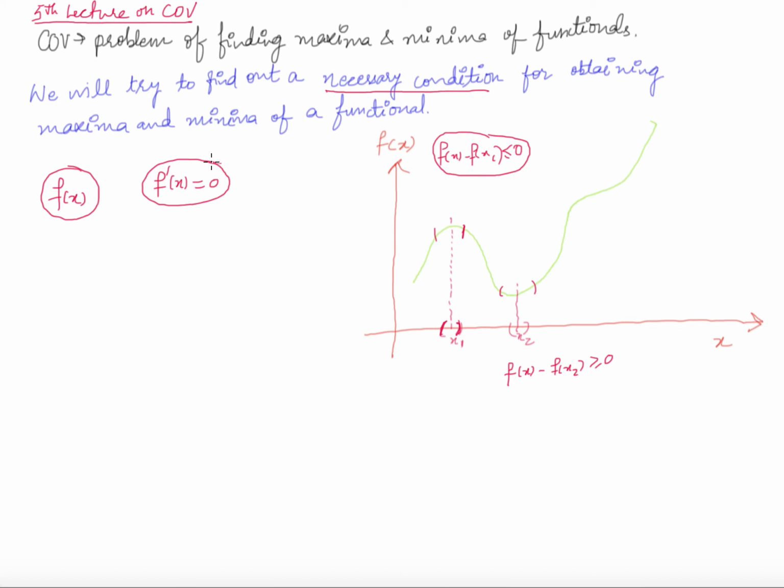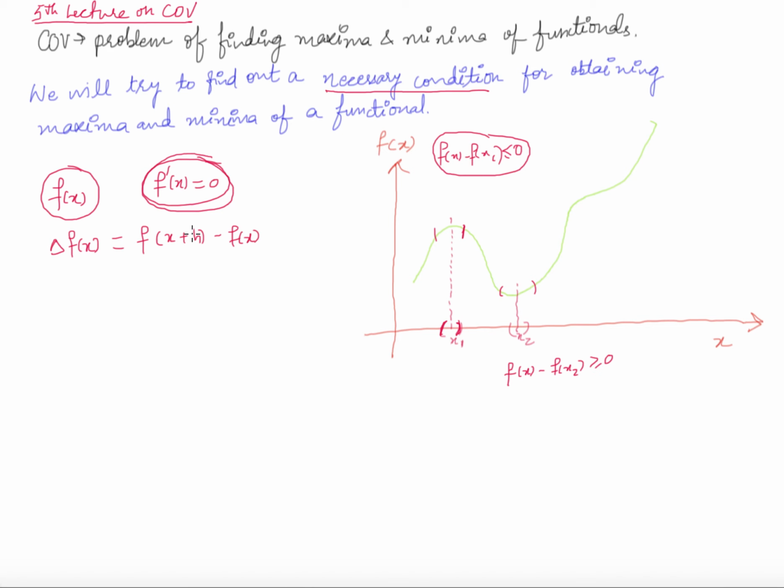If we are trying to solve the problem of maxima and minima, we are trying to find all those values of x at which there can be possible maxima and minima. What we do is we look at this variation of f at a certain point, suppose this is f of x plus h minus f of x.